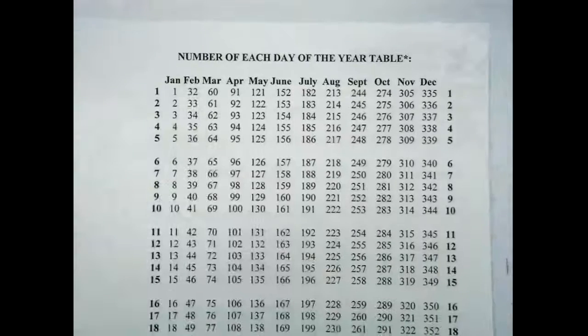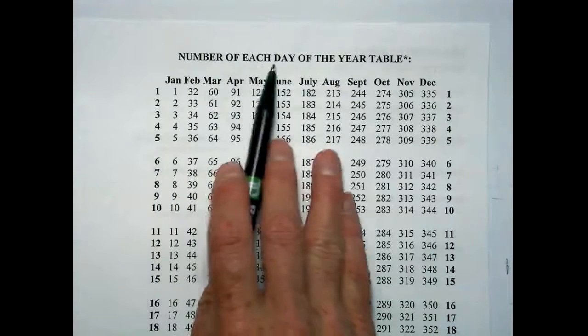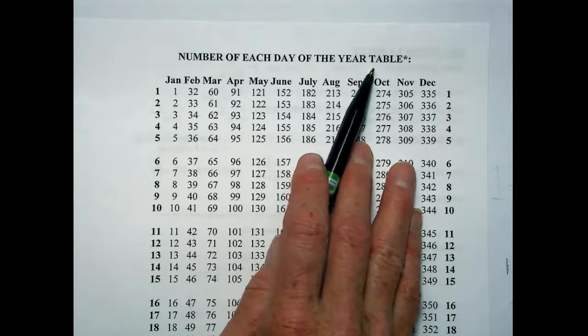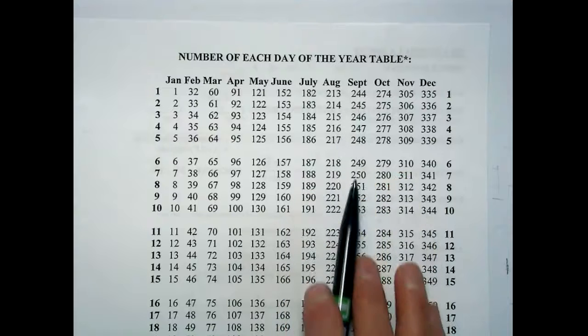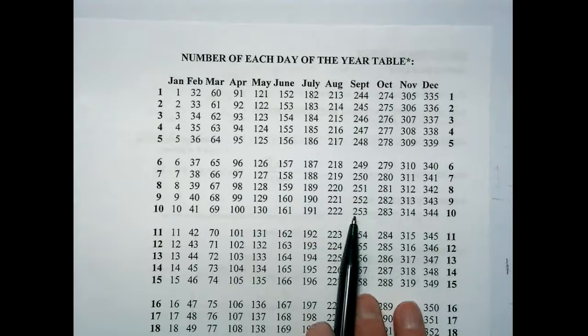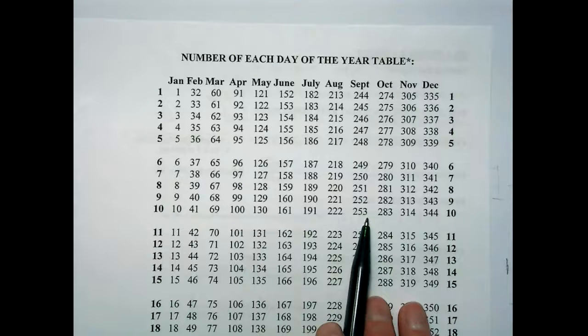When we go to days, you will be using the other side of your formula sheet, which gives the number of each day of the year. For example, today is September 10th. I would look at September, come down to 10. September 10th is the 253rd day of the year.